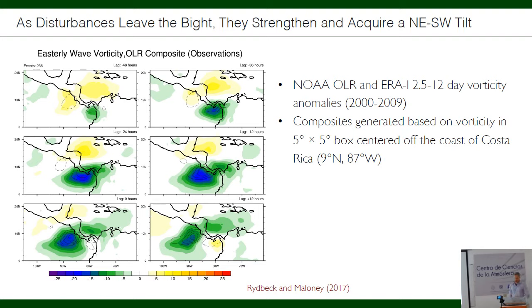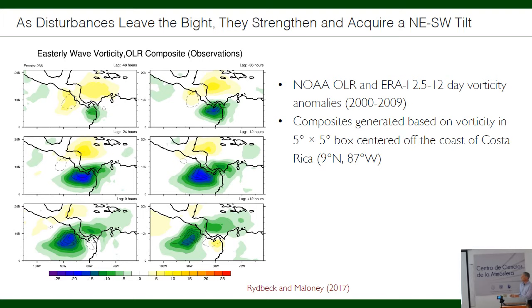Some of this is reanalysis, which you could argue is not real observations, but you could think about these as being observations. I have shown 6 panels of an easterly wave evolution. In the first panel, you have a region of enhanced precipitation, though it's hard to see the contours, and enhanced rotation sitting right in the Bight of Panama. That's the first point of the life cycle.